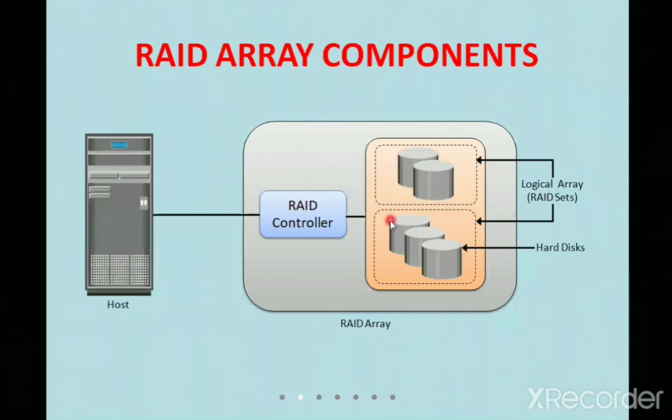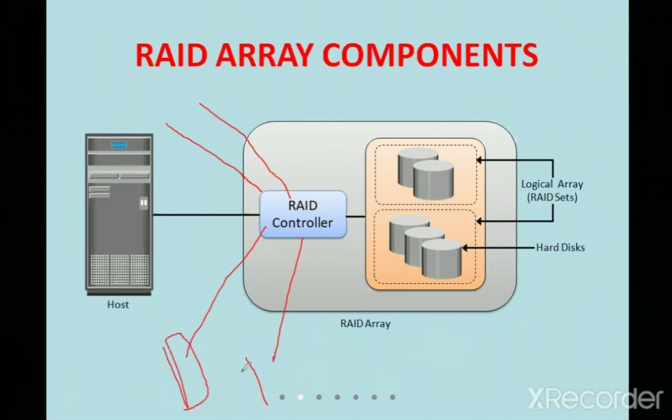Now you can see that we have two sets of hard disks, and the data is being transferred to all these disks. From one particular host like this, we can connect n number of hosts. To this one RAID controller, I can connect n number of hosts and transfer the data, so it will be stored and made available to each and every host.